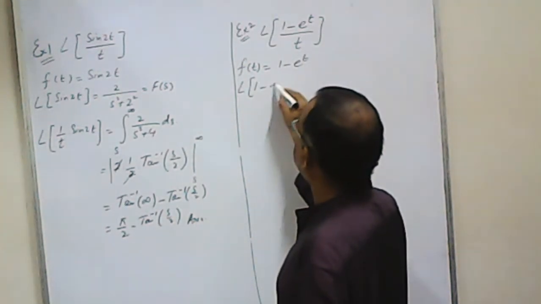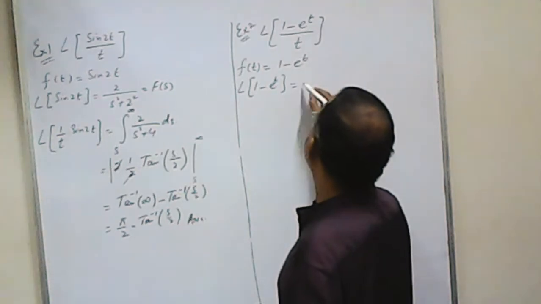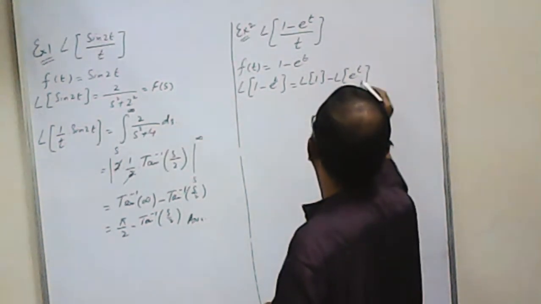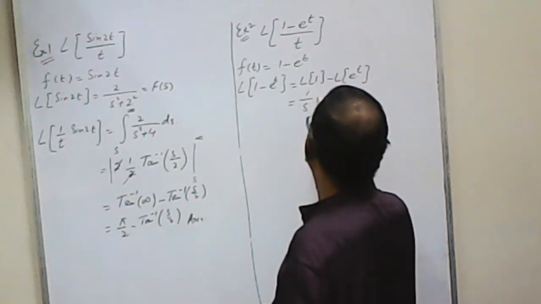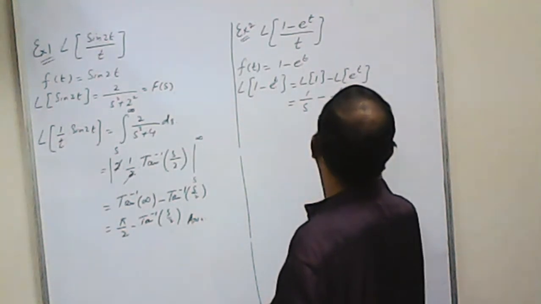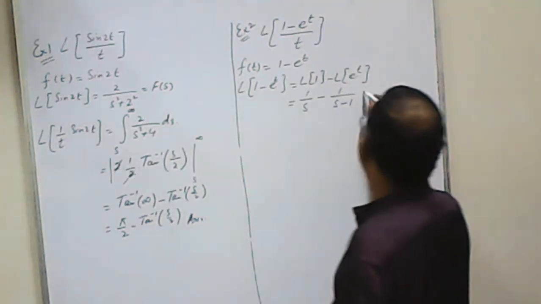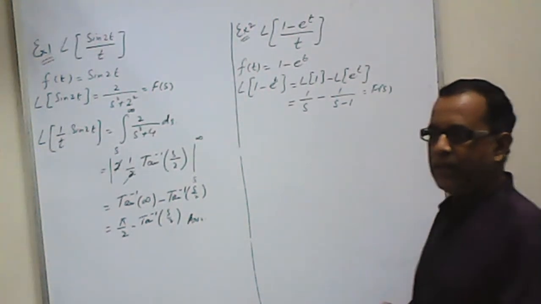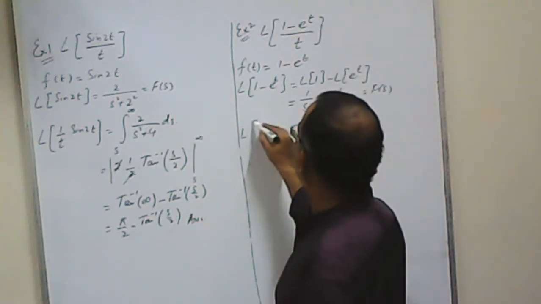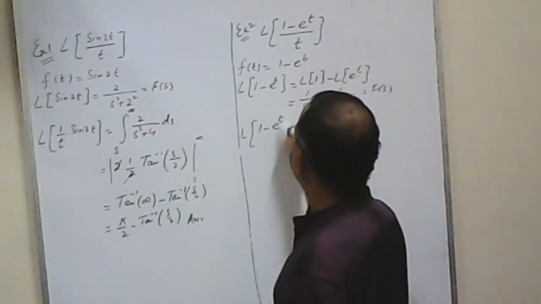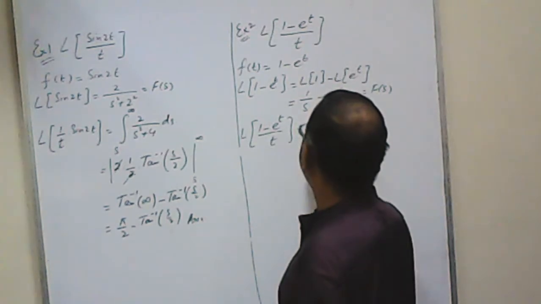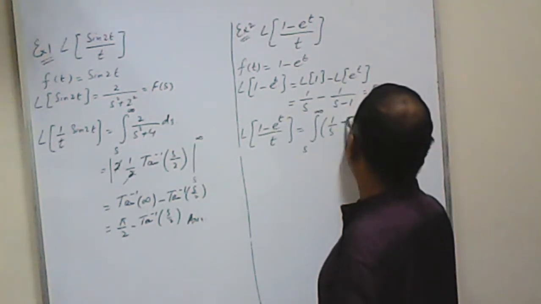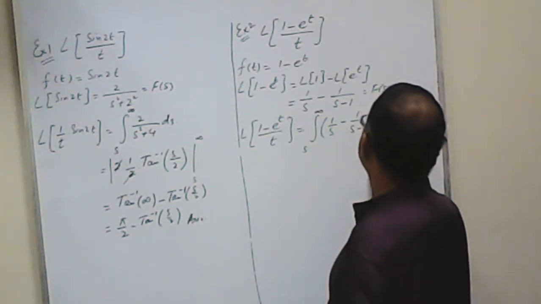Find the Laplace of this, meaning Laplace of 1 minus Laplace of e power t. So Laplace of 1 is 1 over s and Laplace of e power t is 1 upon s minus 1. This is known as function of s. Now applying the formula for division, Laplace of 1 minus e power t upon t will be equal to s to infinity, function of s, which is 1 over s minus 1 upon s minus 1, ds.